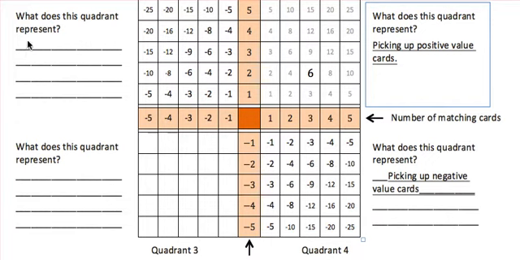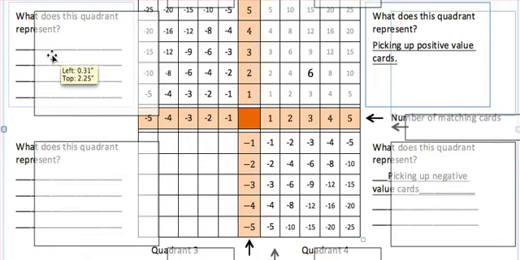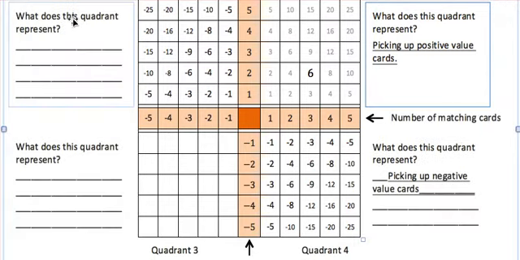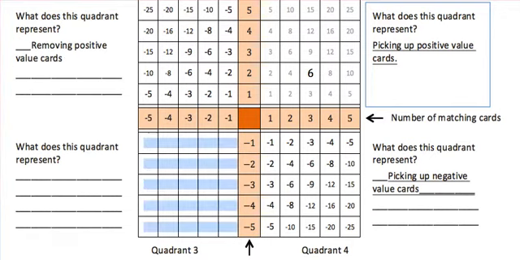So we can see that when we remove positive value cards, we are reducing our hand. And then finally, in quadrant 3, we'll fill these values out.